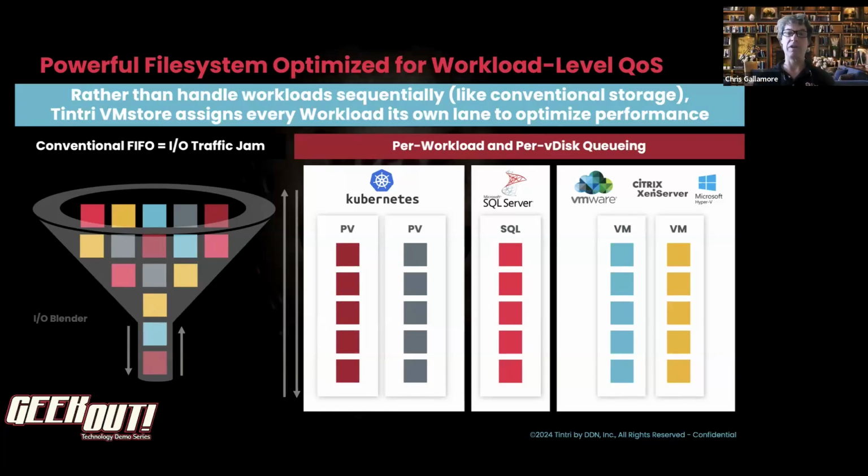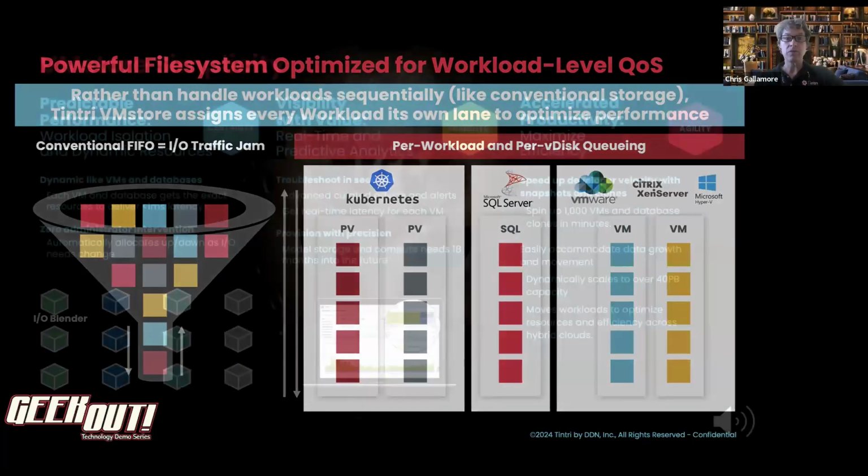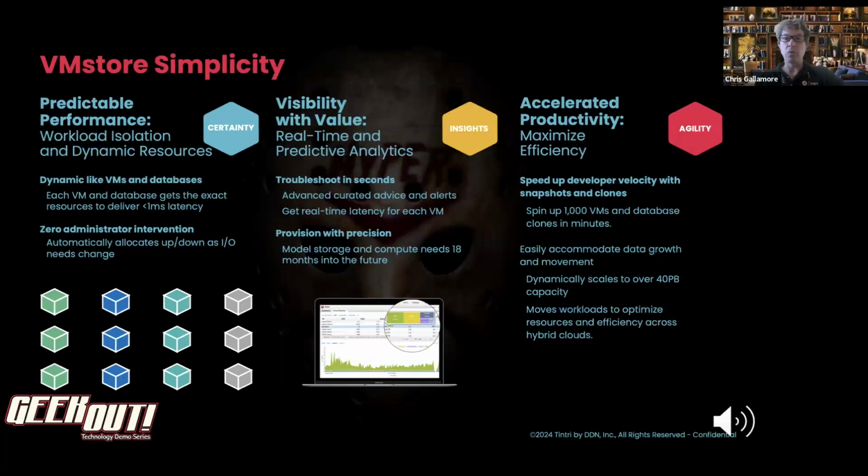In the case of VMware, we do per vdisk queuing, and in Microsoft it's a similar methodology. So each VM is basically getting guaranteed resources and guaranteed sub-millisecond response time, whether it's a virtual machine or another object like a database or a container. It's really important to have that predictable performance.